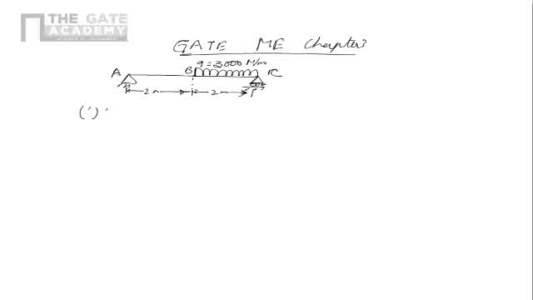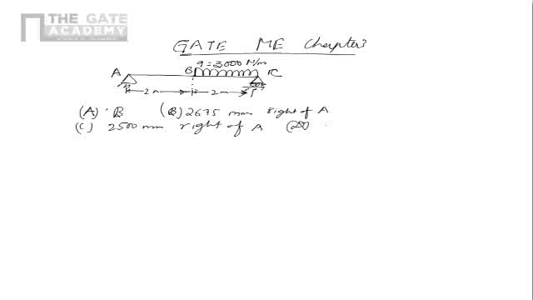Option A is at point B. Option B is 2675 mm right of A. Option C is 2500 mm right of A, or option D is 3225 mm right of A. These are the four options which have been provided.